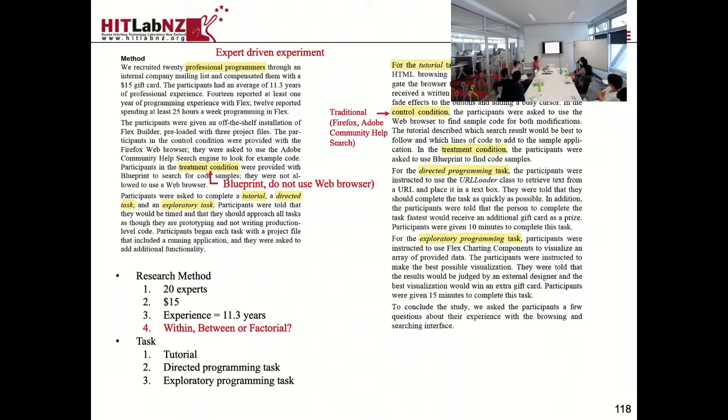In his paper, he says that the control group used Firefox and the Adobe Community Help Search Engine. That is a different one. That is just the traditional one. And the blueprint users are not allowed to use a web browser. The treatment group always has to use a blueprint.